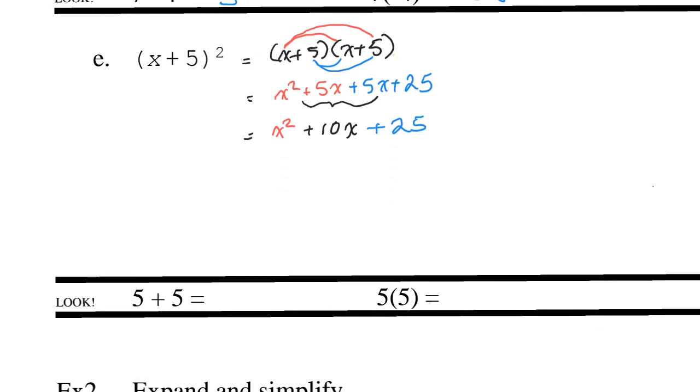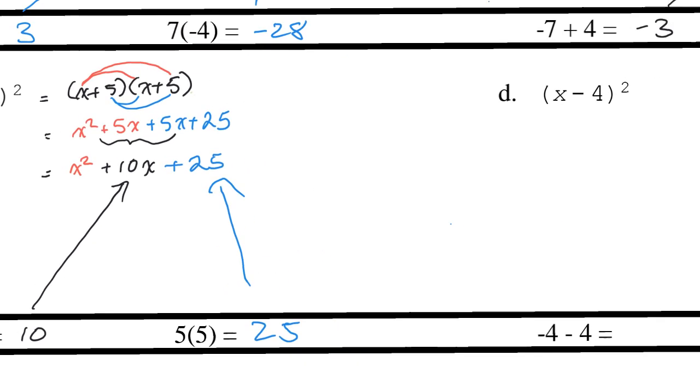Now, the only thing that we have to really check is, hey, isn't 5 plus 5 10? Yes. Isn't 5 times 5 25? Yes, it is. So like I said, we're going to see something like this in the third lesson of this unit.